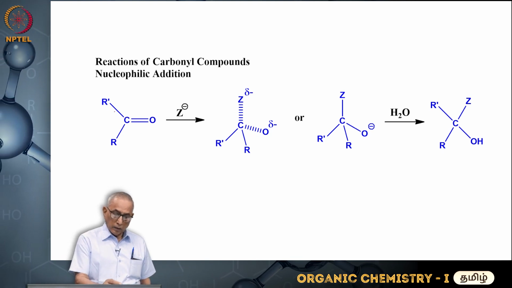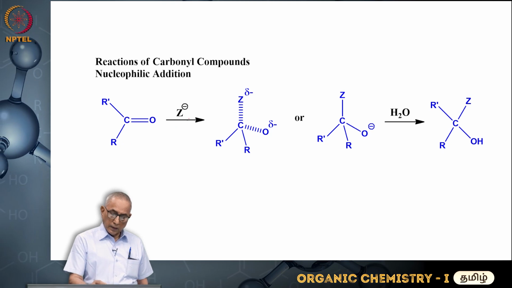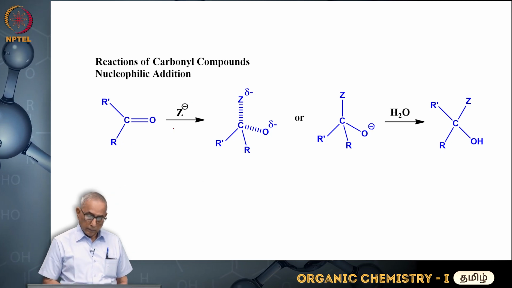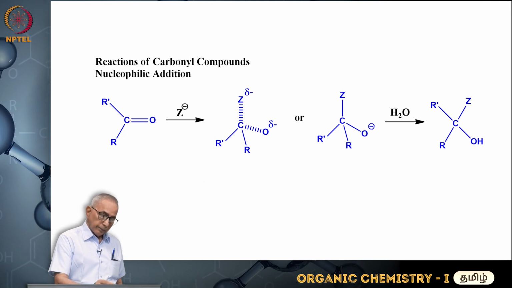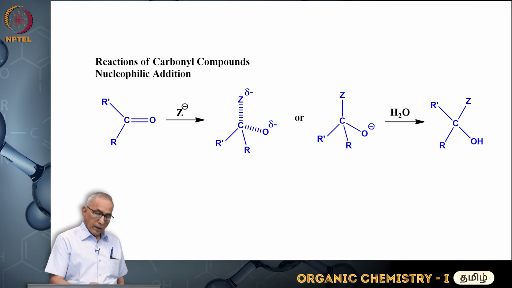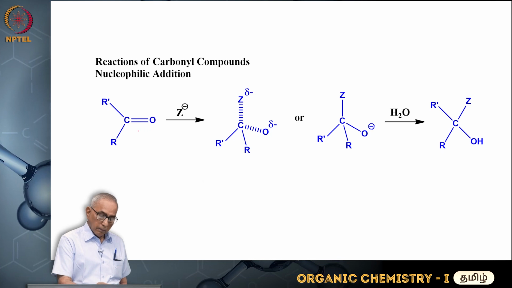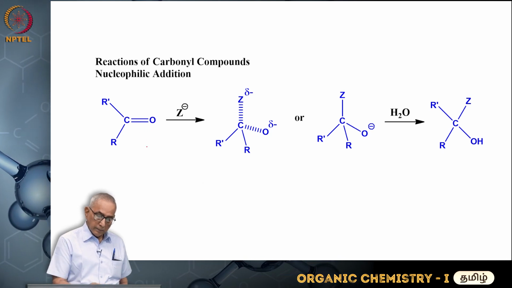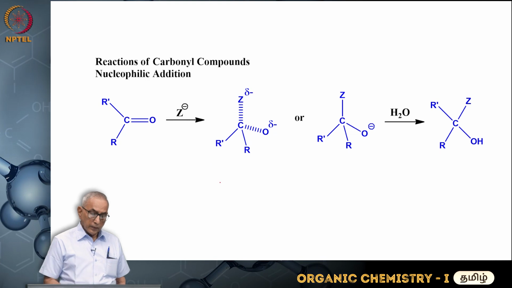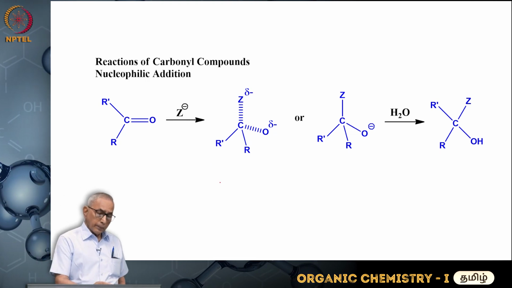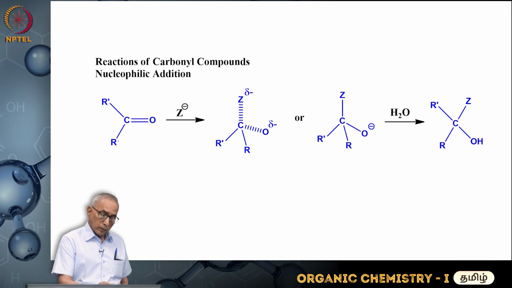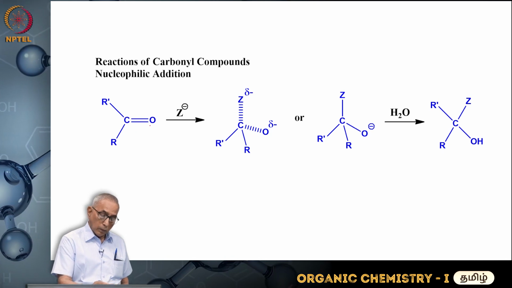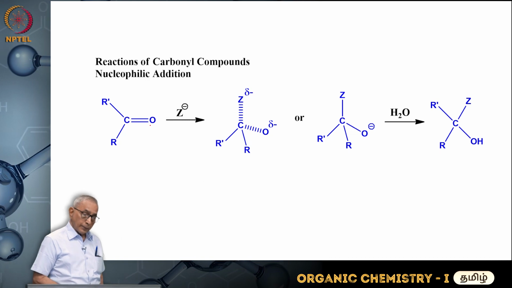So, if you treat a ketone with a negative ion Z minus, this will begin to add to this carbon, and this group will partially become O minus. That is indicated here. Also, this is a planar molecule, R prime, R, C, O, all are in the same plane.